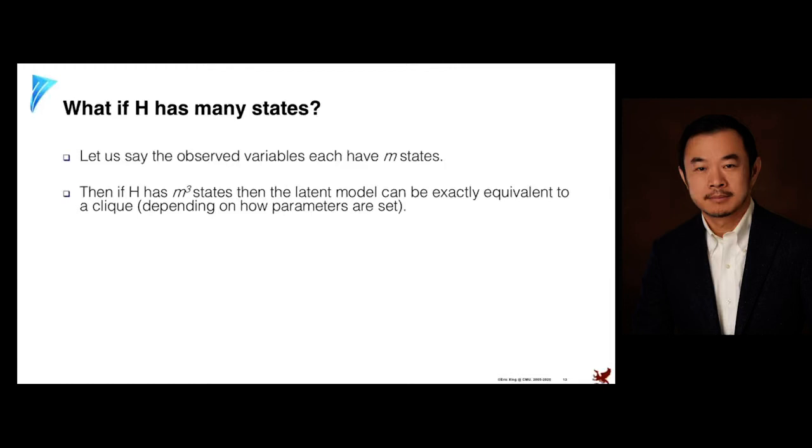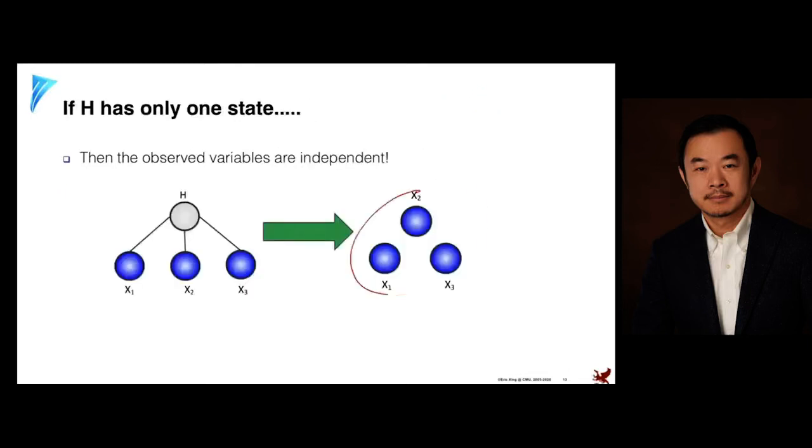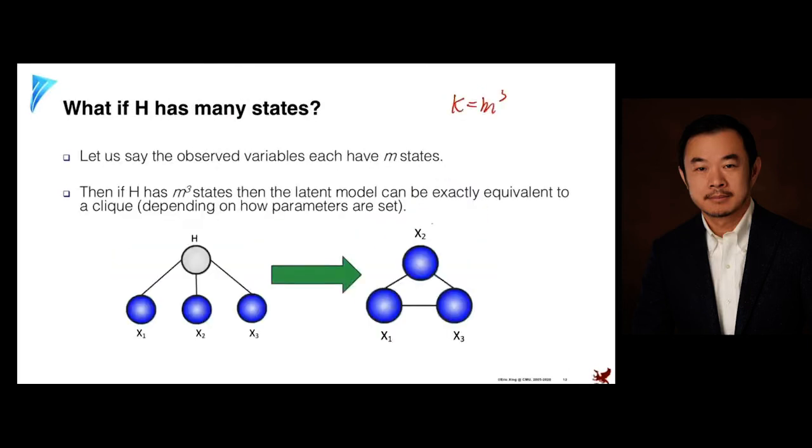But let's ask, what if h has many states? Say k equals m cubed. Then you probably could also convince yourself that in this case you actually get this. It's a clique. So you can see these are two graphs, one is this one and the other is this one.